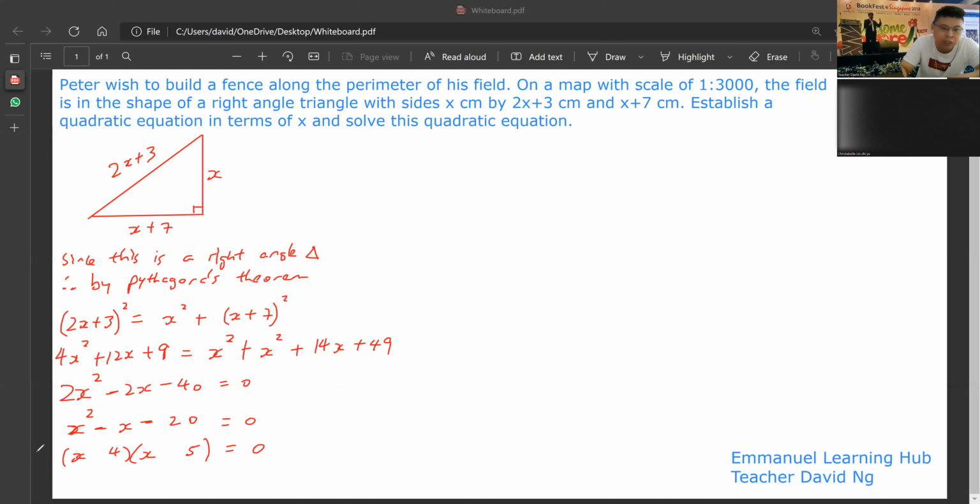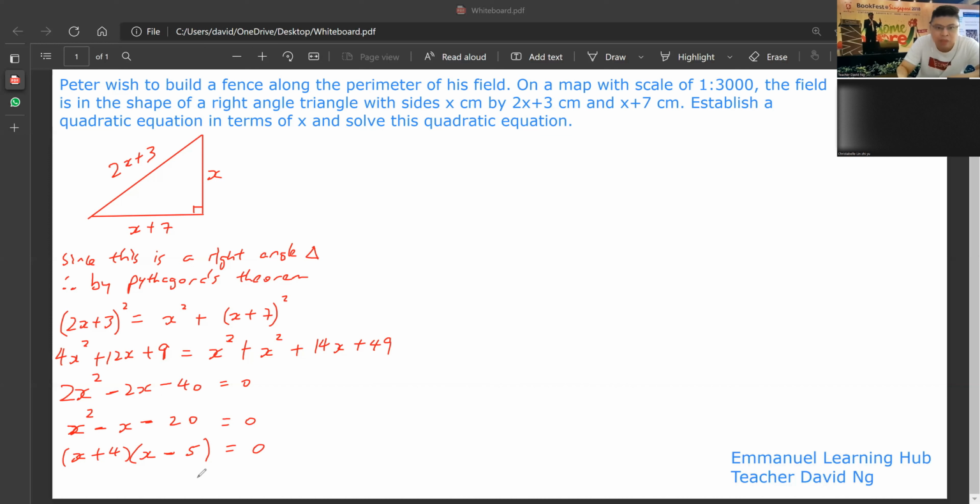Which one is minus? I want negative x, so negative 5x plus 4x gives negative x, and positive 4 times negative 5 is negative 20.